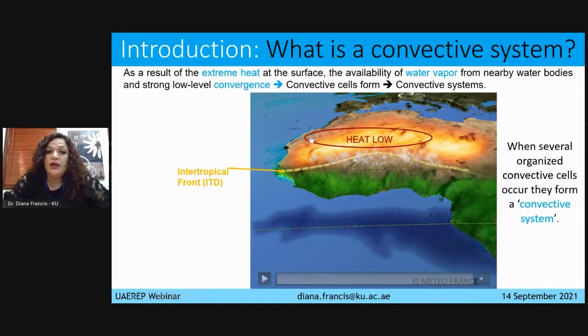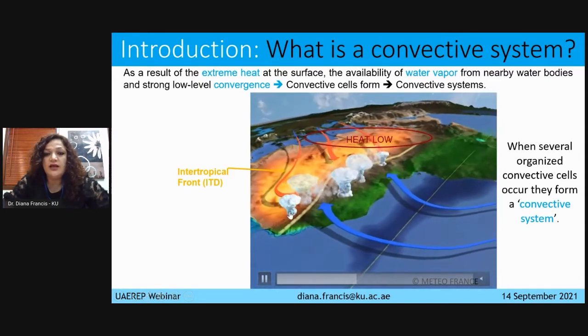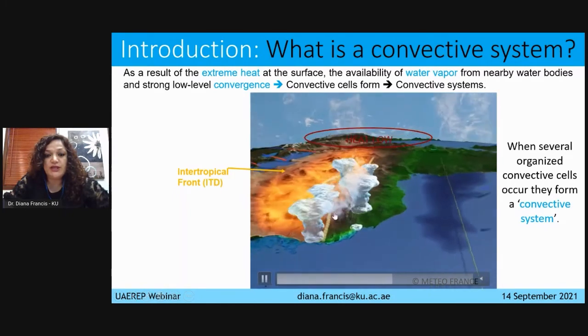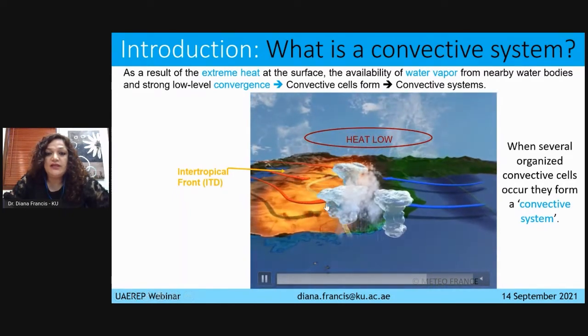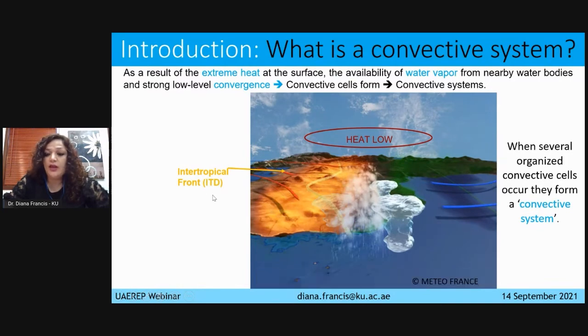And now, what makes a convective system? A convective system is actually several organized convective cells that develop over this region, as we said, during summer, and they move as a whole system. So we call it a convective system.